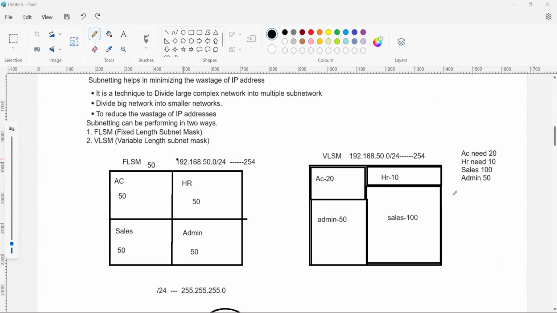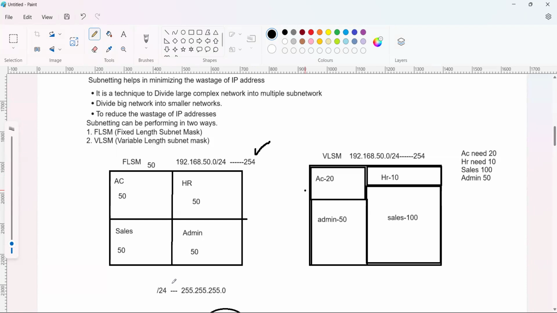Everywhere we are having one IP address range. That range has 254 IP addresses, and the IP addresses are shared equally to each one. So that is fixed length subnetting.